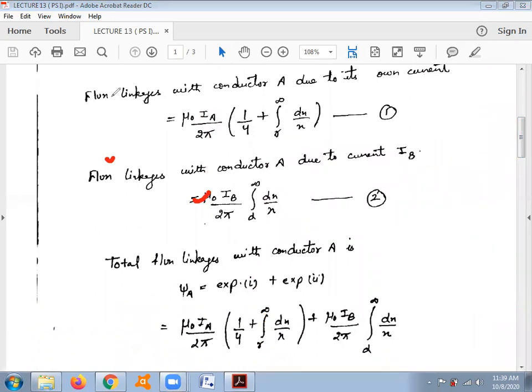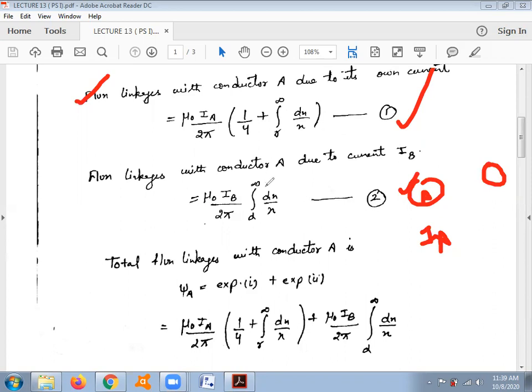The next thing is how much flux is linked with conductor A due to its own current. Firstly we have to calculate the total flux linking with conductor A due to its own current IA. Through conductor A, IA amperes is flowing. The flux linking is mu naught IA upon 2 pi, integral from r to infinity of dx by x. This will be the total flux linking with conductor A due to its own current.